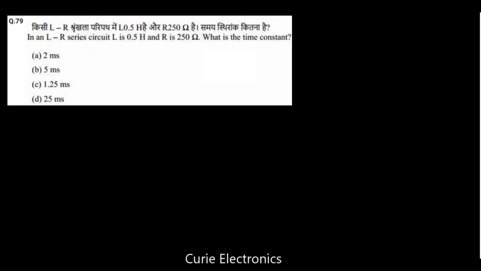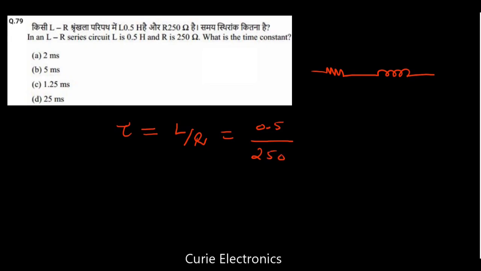In an LR series circuit, L is 0.5 Henry and R is 250 ohm. What is the time constant? We have a circuit with a resistance and an inductor. The time constant tau equals L upon R. The value of L is 0.5 Henry, the value of R is 250.